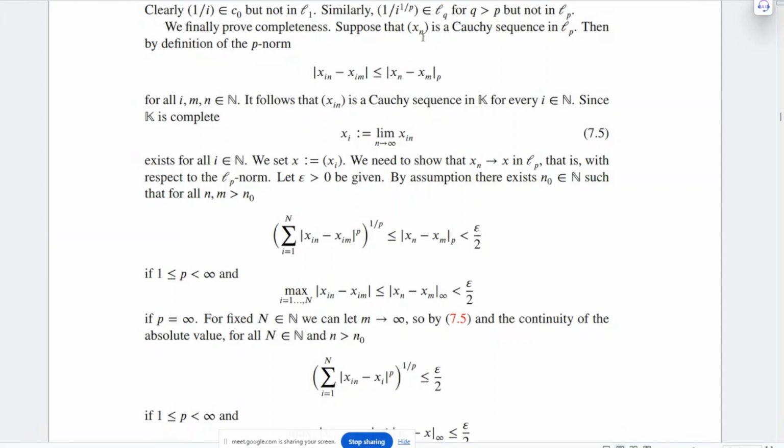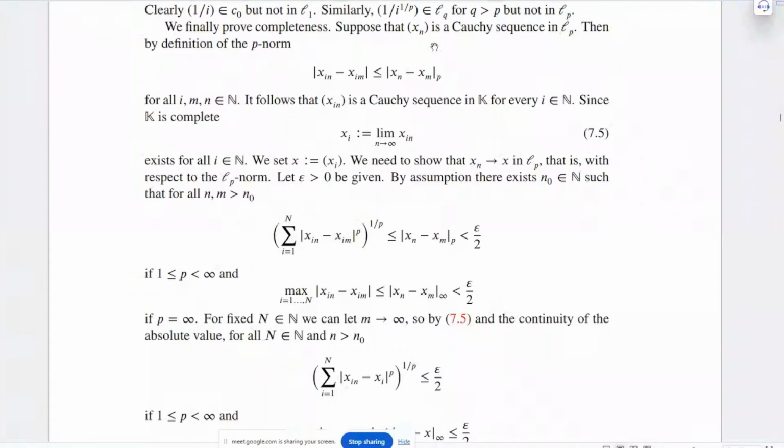The ith component of xm is written as x_i^m. This I showed you last time, that the modulus of the ith component of xn minus xm is actually less than or equal to the norm of xn minus xm. This is an obvious thing, follows from the definition.